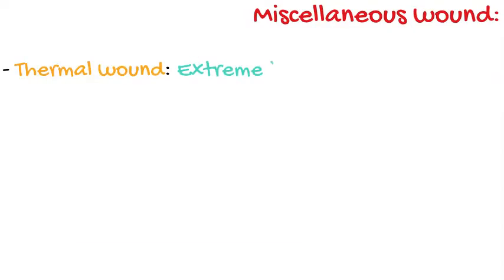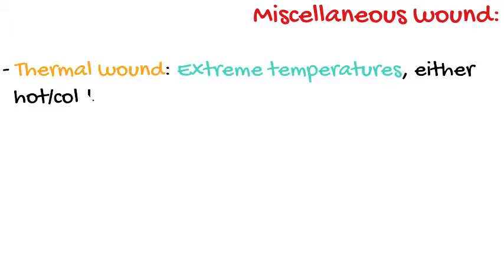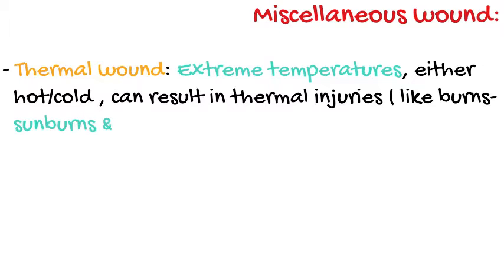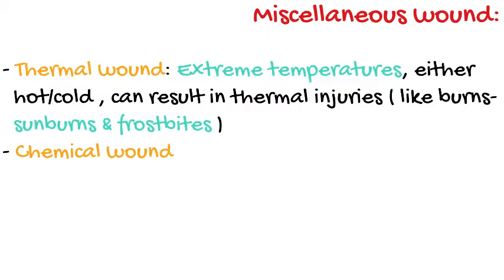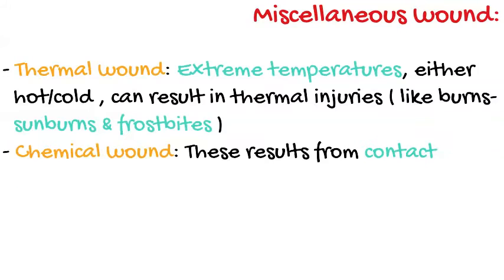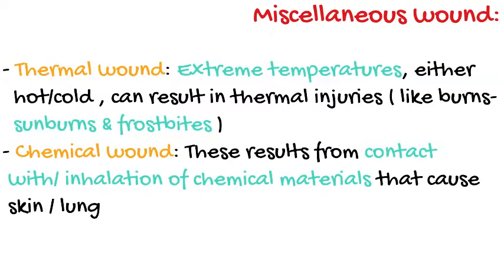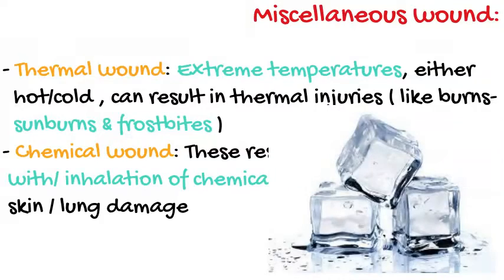Another wound that I would like to discuss are miscellaneous wounds. The examples include thermal wound. It is due to extreme temperatures, either too hot or too cold, where it can result in thermal injuries like burns, example sunburns or frostbite. For chemical wound, this results from contact with or inhalation of chemical materials that cause skin or lung damage.